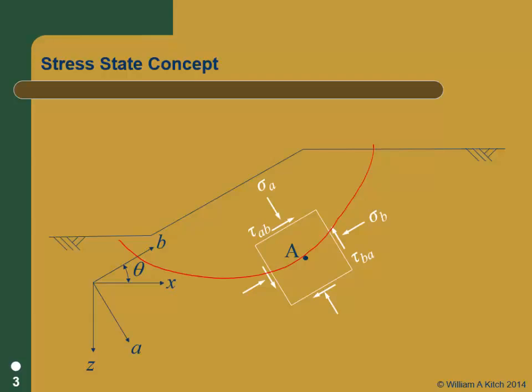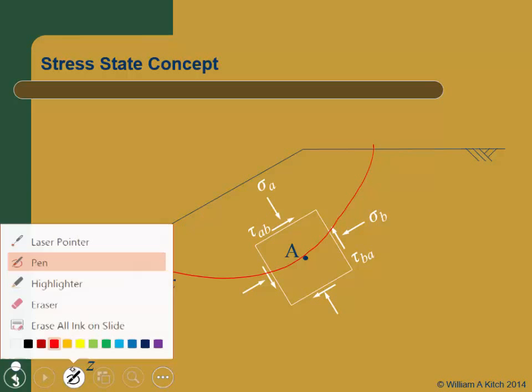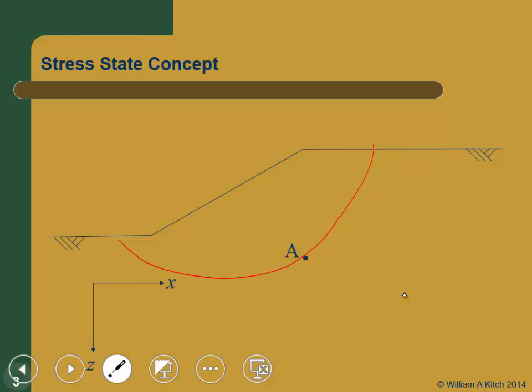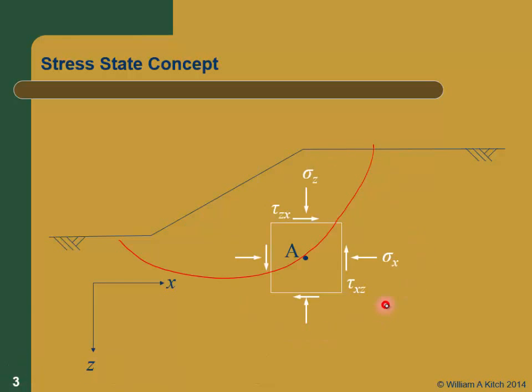Obviously, whatever numbers I have in this system here, they have to have some relation to the numbers in this other system, because they represent the same thing. It's the same state of stress. The numbers aren't going to be the same, but there's got to be some relationship between them.